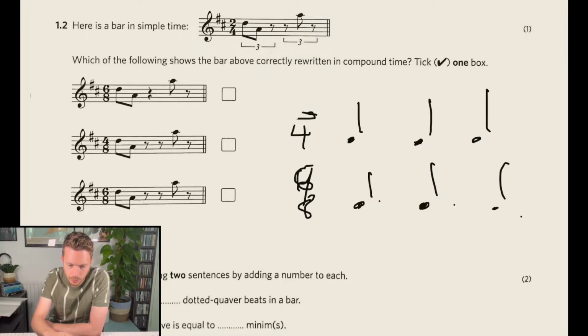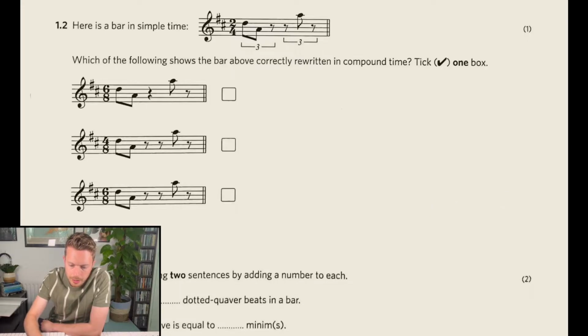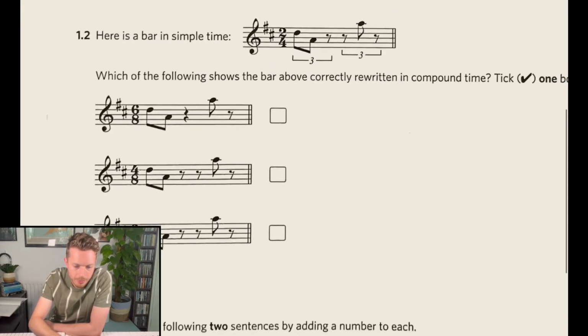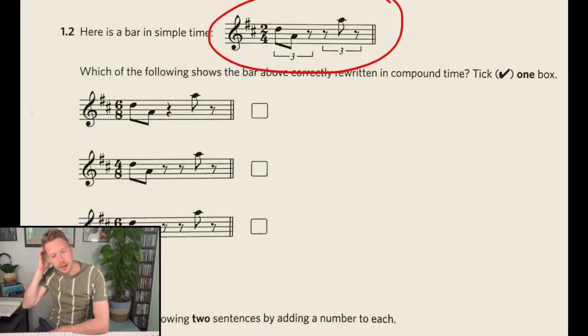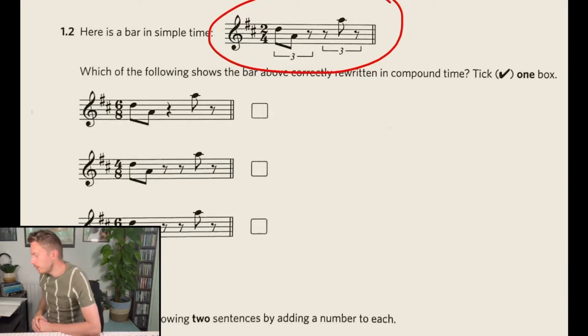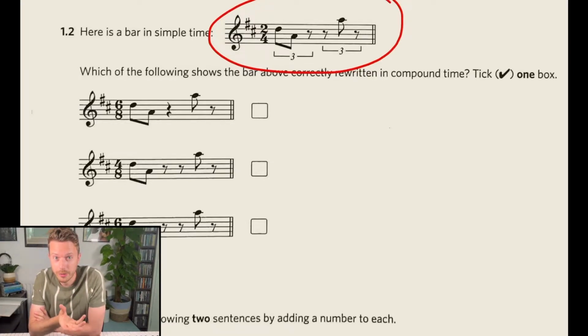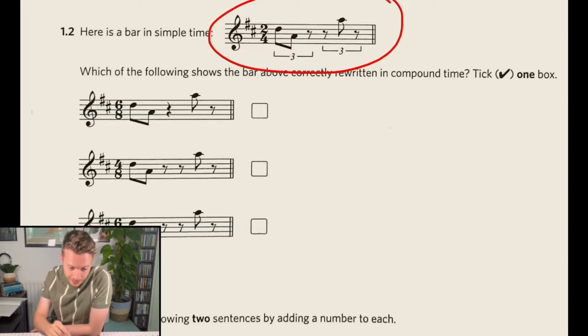Okay, so let's take a look. We have an example here, 2/4 with triplets. So if you have a simple time example with triplets, that's going to easily translate into compound time in the groups of 3 that they're in, which makes it a little bit easier actually.